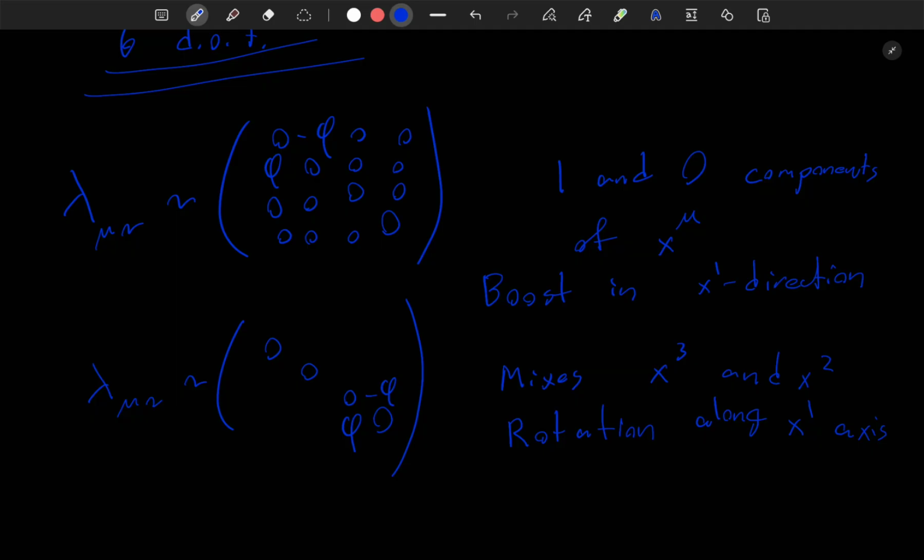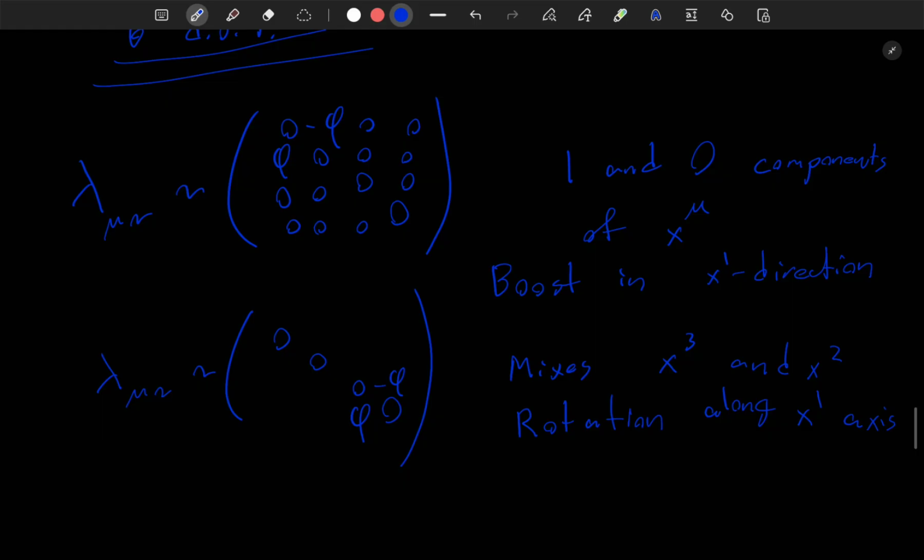But now, let's find an explicit form of a boost.